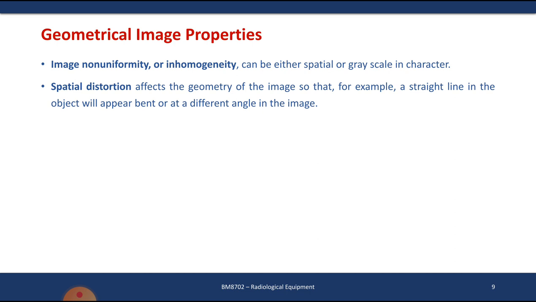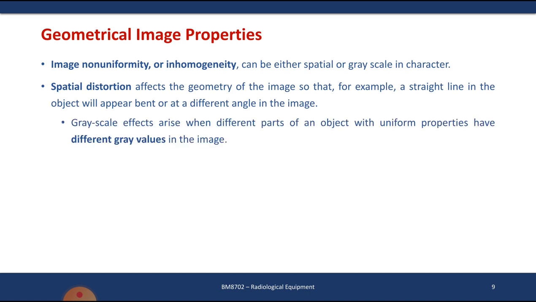So the size, location and position of the object change when you take a selfie at different angles. The same thing applies to MRI also. So spatial distortion affects the geometry. A straight line may appear bent at a different angle. So a straight line will appear as a curved line when you are imaging at a different angle.